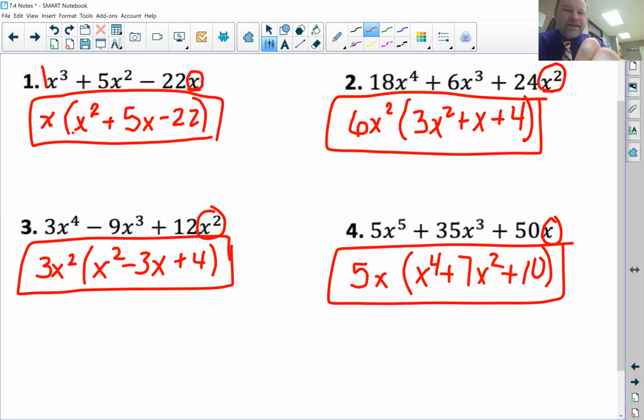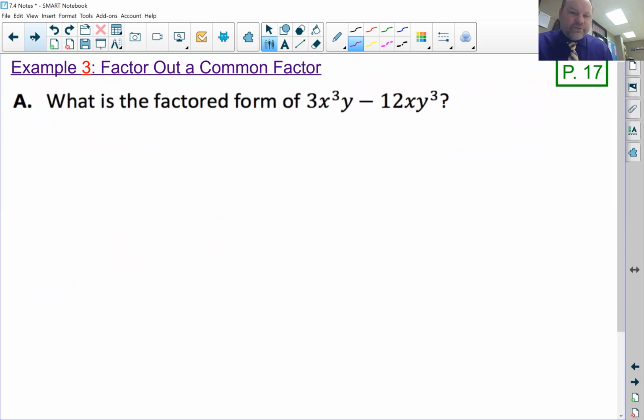All right, so the last thing that could happen is we could have more than one variable. So what is the factored form of 3x cubed y minus 12xy cubed? Starts the same way. Factors of 3, factors of 12.